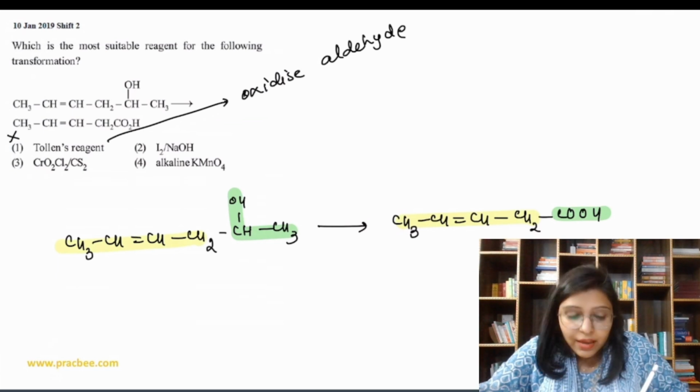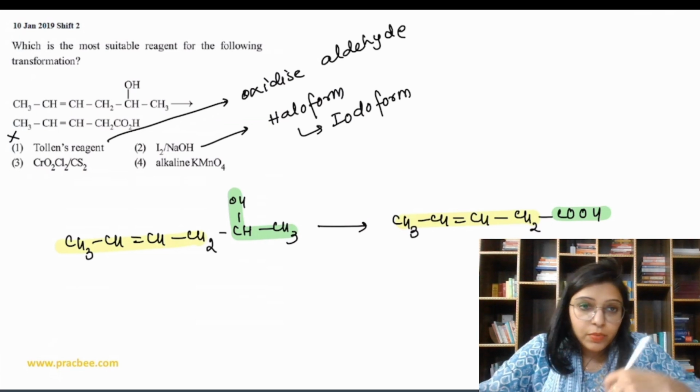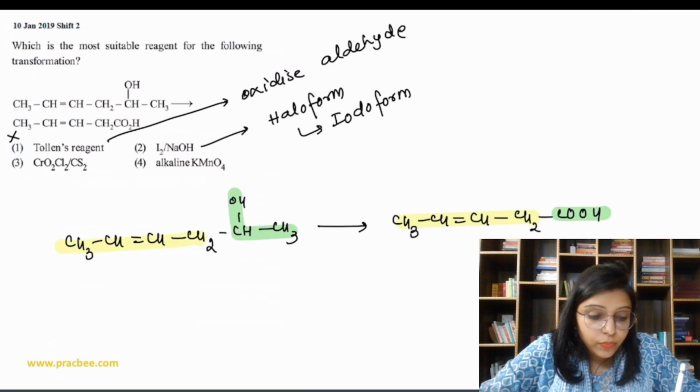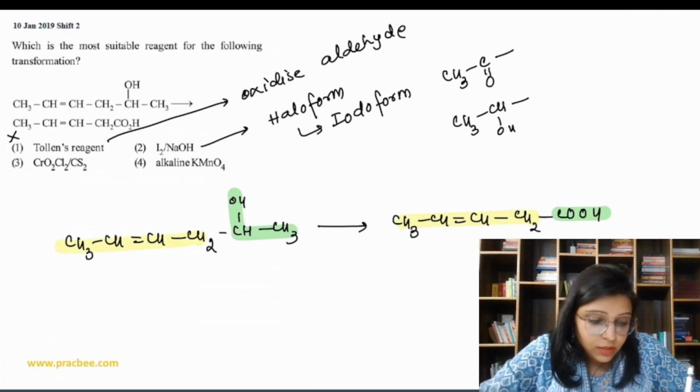Then we have I2 NaOH. So this is the haloform reaction, and in this case, the iodoform reaction. So what happens in iodoform reaction, and what is the condition, right? So we should be having this group, CH3 C double bond O, this group. So what happens when you have this group? Suppose we have CH2 and CH3.